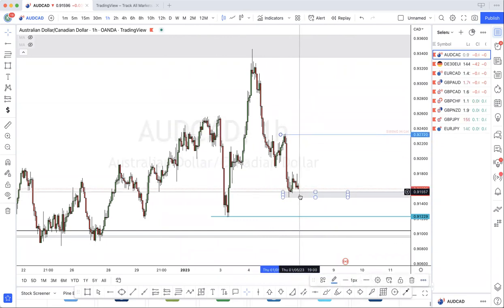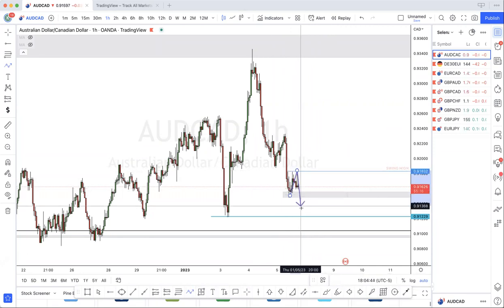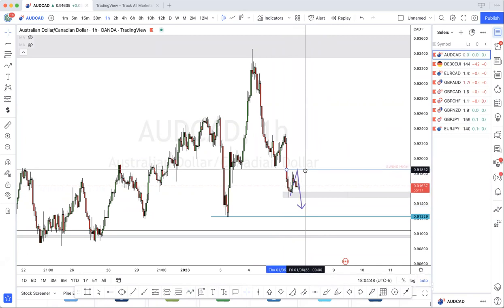So if price breaks this low right here, then we're going to take our swing high and move it down. So you don't get confused, here's your high. If price breaks here, this is now your swing high.